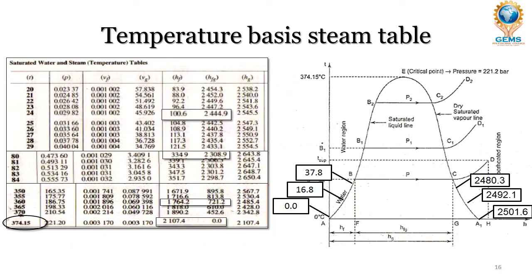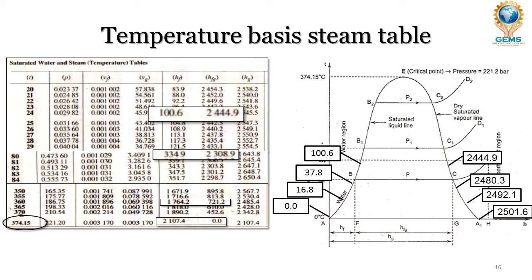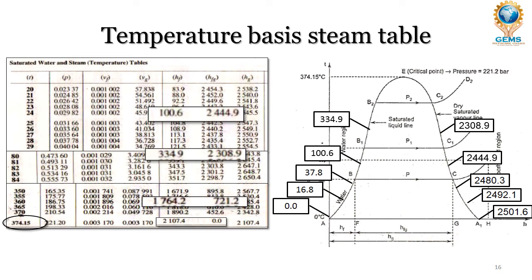For 100.6, again still moving up. The Hf value is increasing and the Hfg value is decreasing. Then 334.9 and 2308.9, then 1000 and 1764.2, then 721.0 and 728.2, and it keeps increasing gradually.